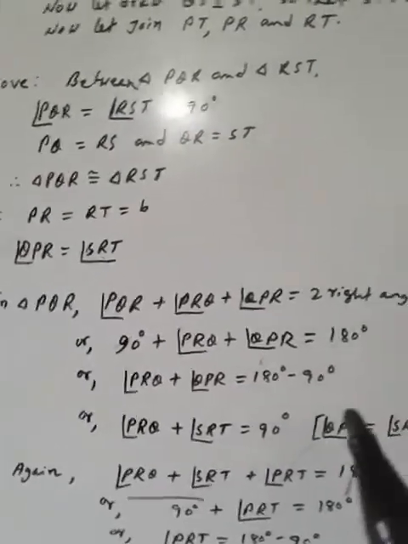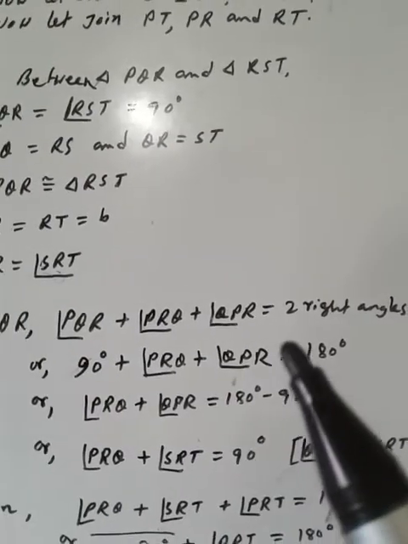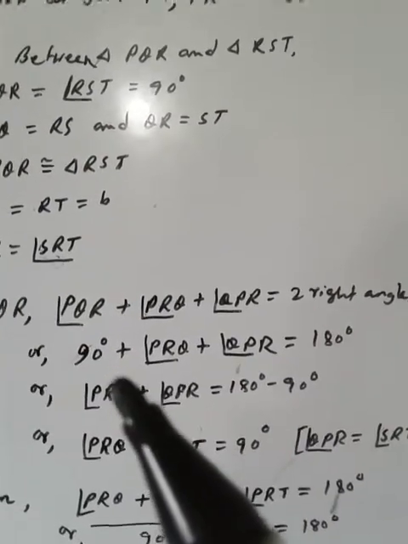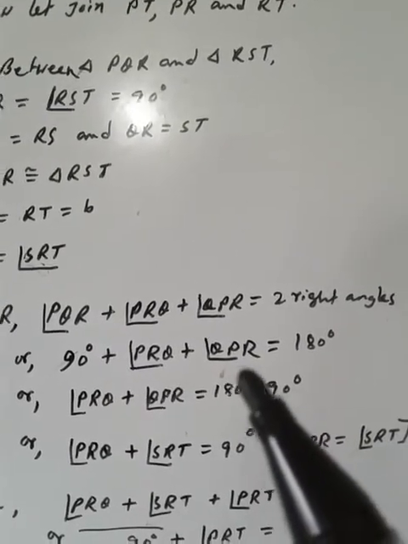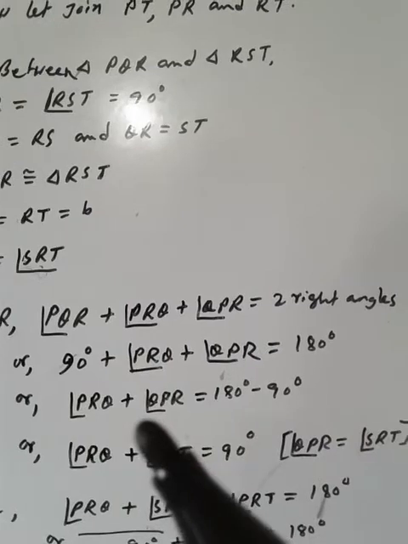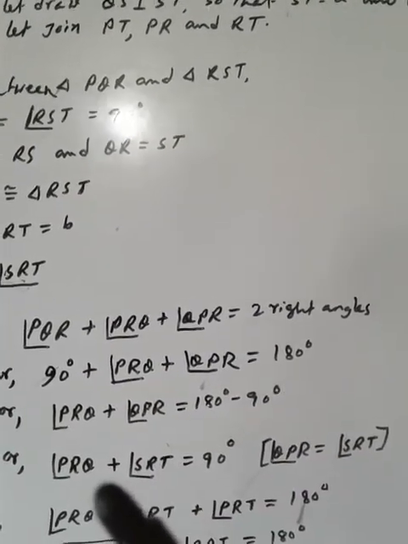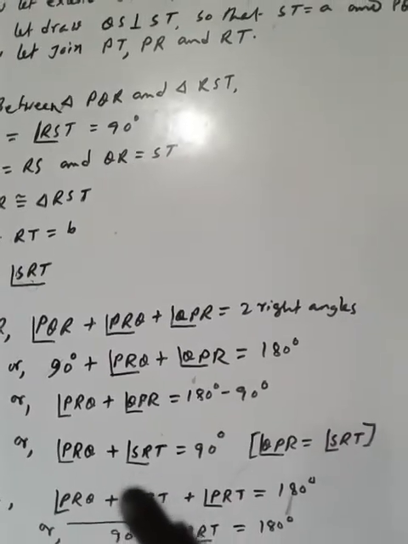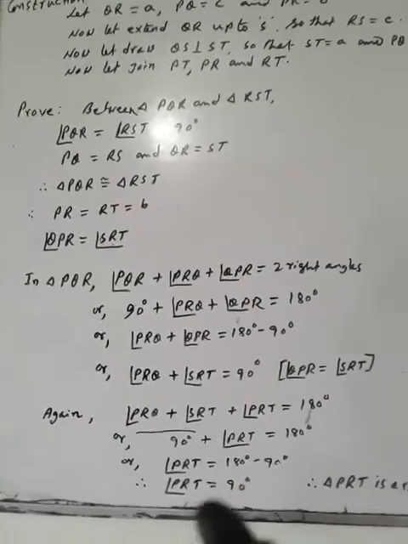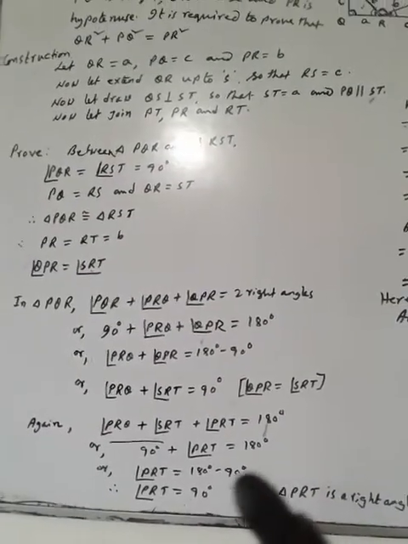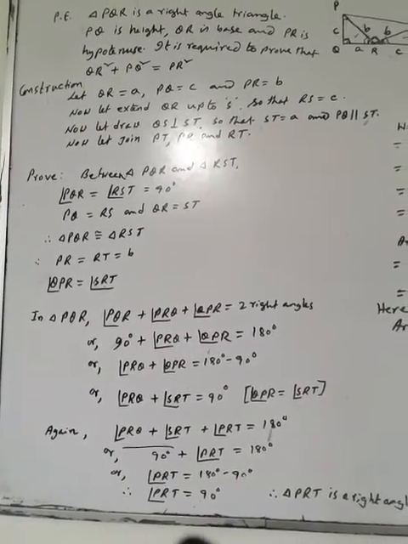In PQR, the sum of three angles is 180 degrees and angle Q is 90 degrees, and therefore the other two angles sum to 90 degrees. See, whatever I discussed in the figure is written here. You see the statement and try to understand.